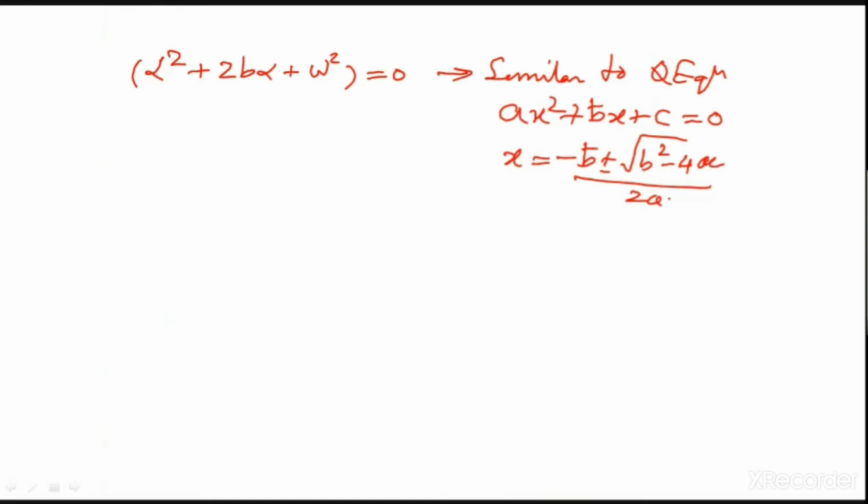So what are the values here? With respect to this expression, a is 1, and alpha is equal to x here. Remember, b is equal to 2b, and c is equal to omega square.